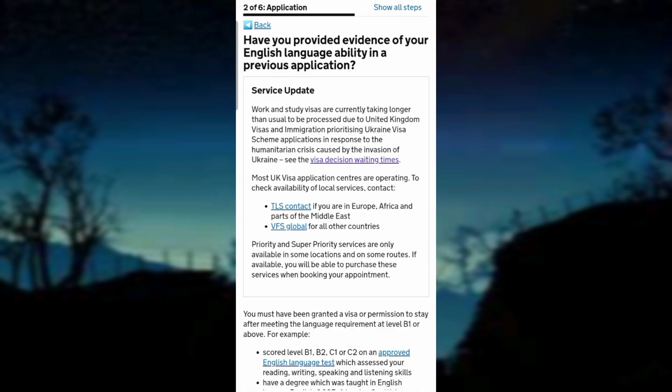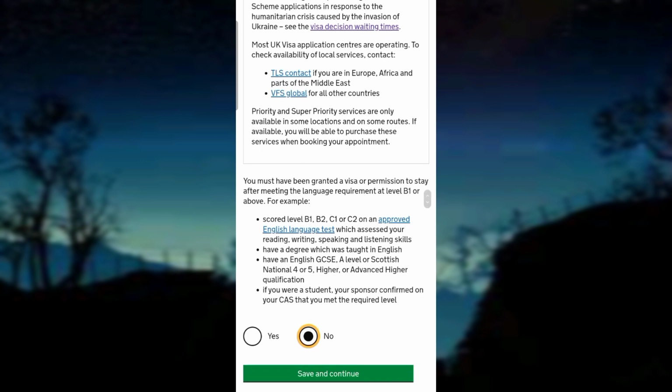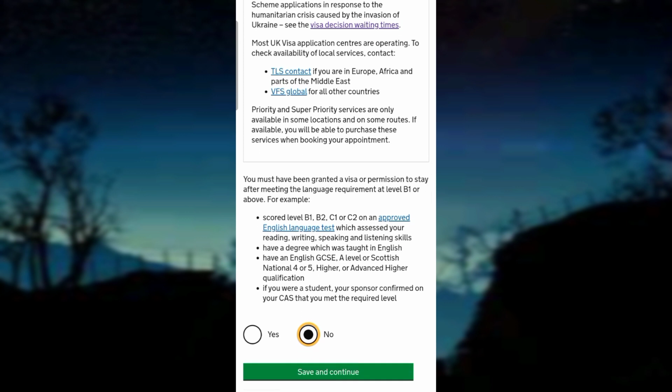So we'll start with this question. Have you provided evidence of your English language ability in a previous application? This question, I think, is very, very confusing. But let me explain. They go further to say you must have been granted a visa or permission to stay after meeting the language requirements at level B1 or above, for example, and then it gives you an example.